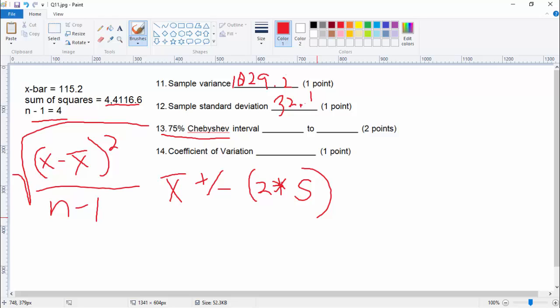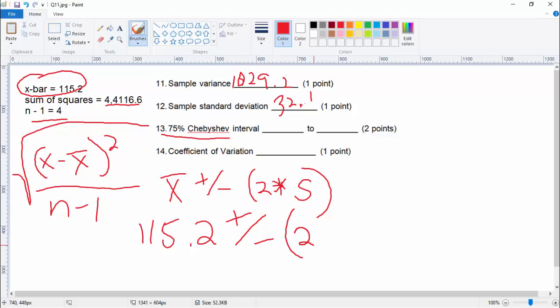So what does that mean in real life? Well, we do have an x bar over here. Look at that. So we could fill it in: 115.2 plus or minus 2 times, and we just did our sample standard deviation, which was 32.1.